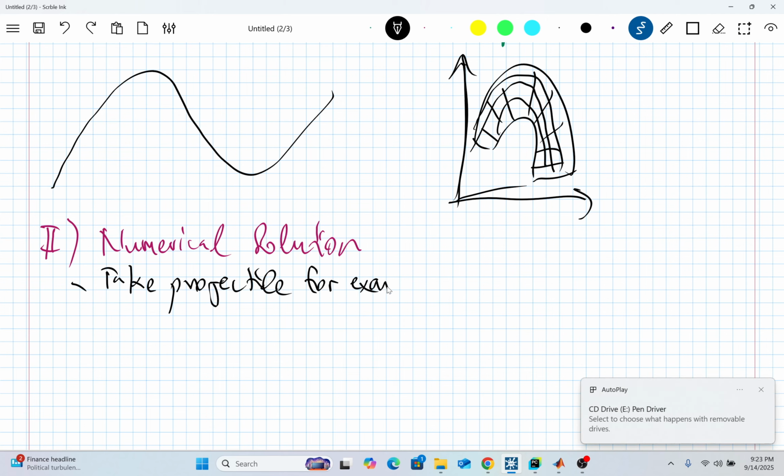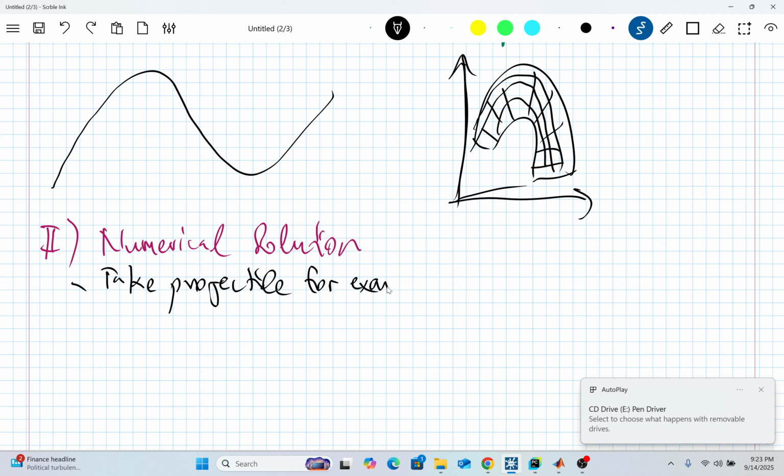And then I assume that my Fd, my drag force, is equal to a constant times the v vector, plus mg equals ma, and the a here is the derivative of v, dv over dt.